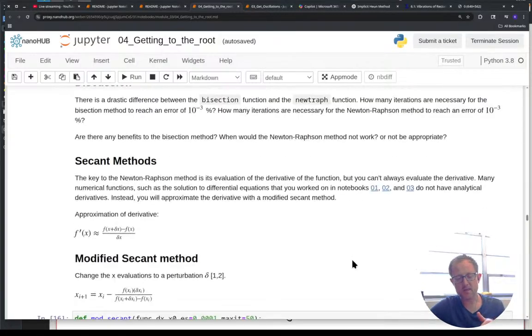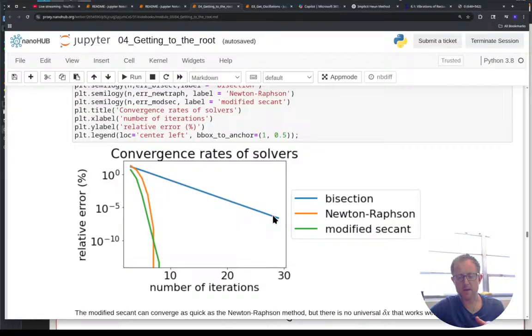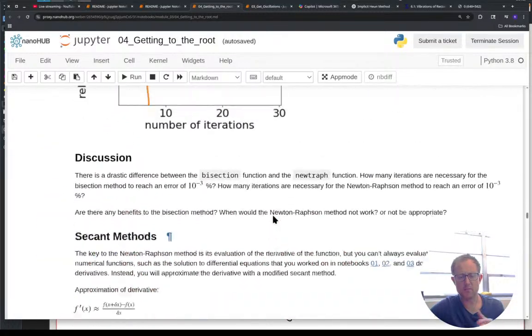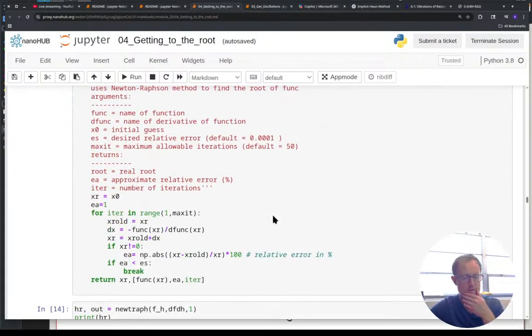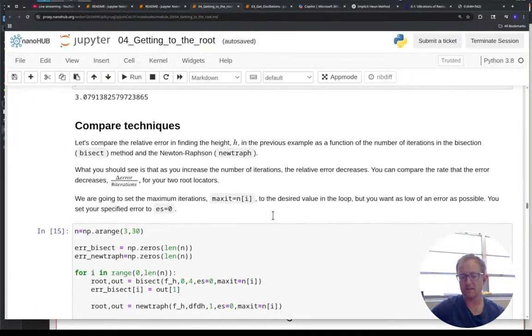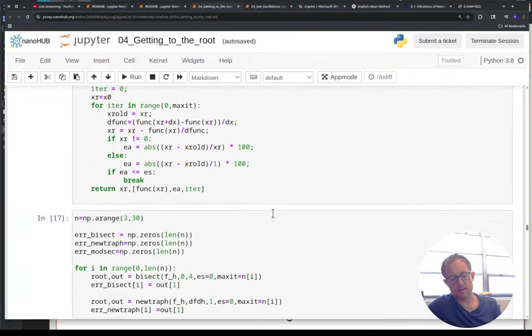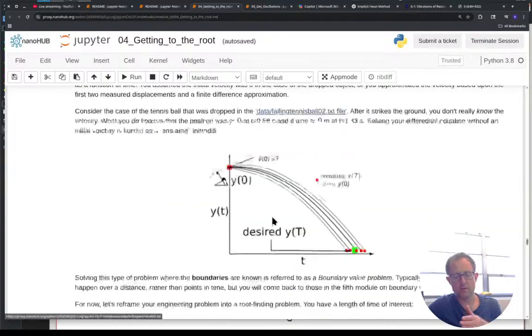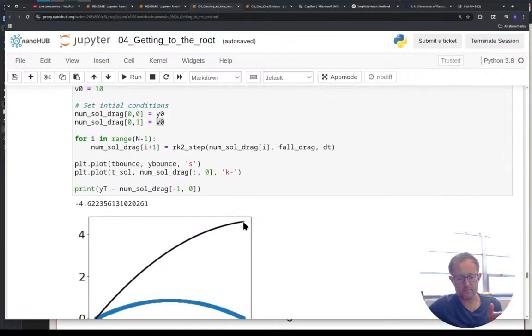The bisection method and the bracketing method, those are both closed. They will not look for zeros outside of a given range of whatever you give it. And they are slower, but if there's a zero, they will always find it. But Newton-Raphson, modified secant, they can diverge on their problems.